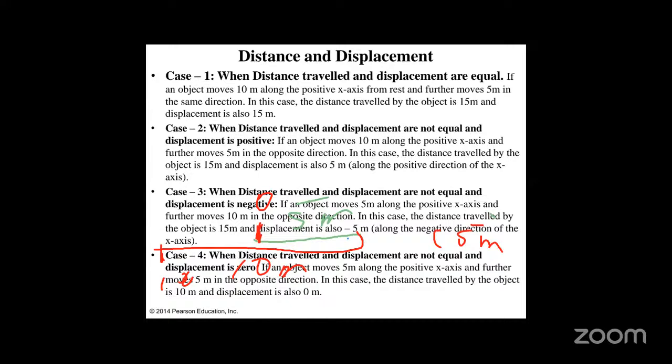So it will go all the way from the beginning 0 down to the end. So that will be 5 plus 10, which will give you 15.